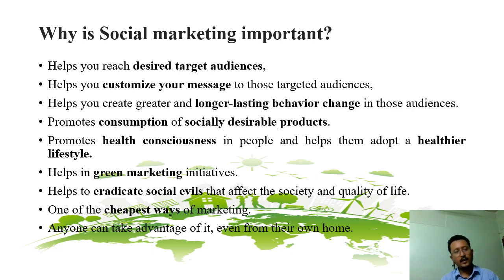But in general, socially desirable products is basically the actions, the behavior, the idea that the society wants to adopt, or that is deemed fit to be followed in a society, right? So it helps in promoting such desirable actions or behavior in the society.